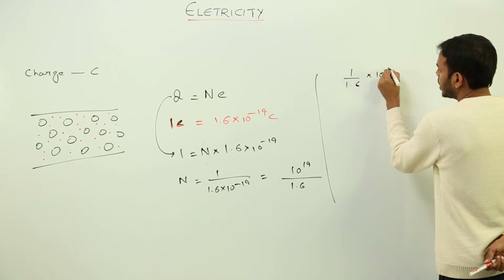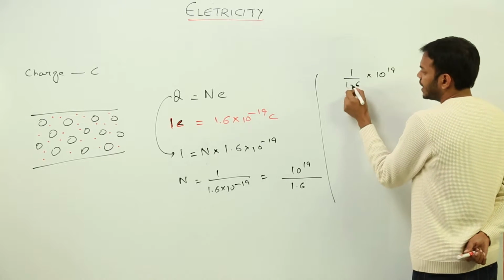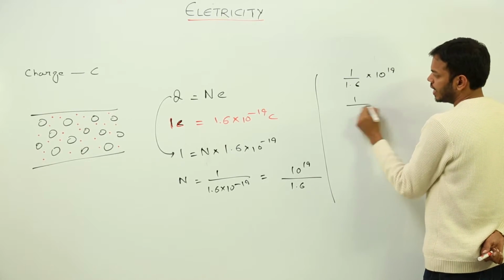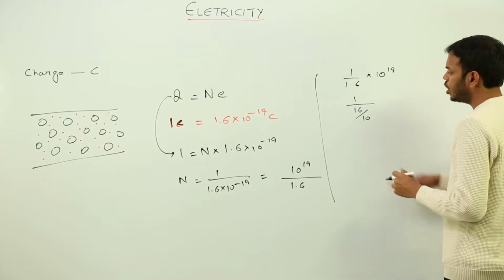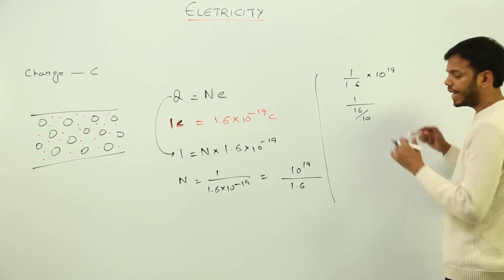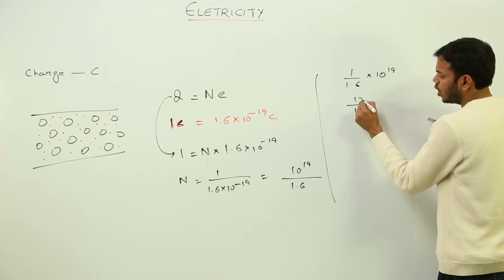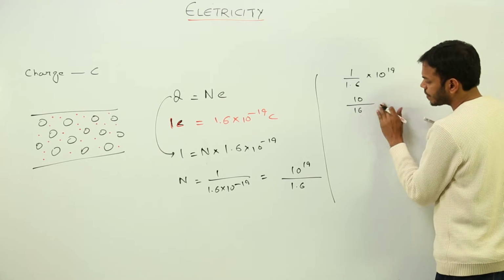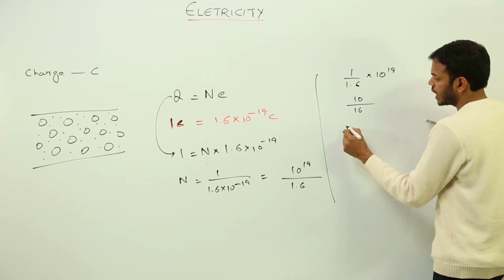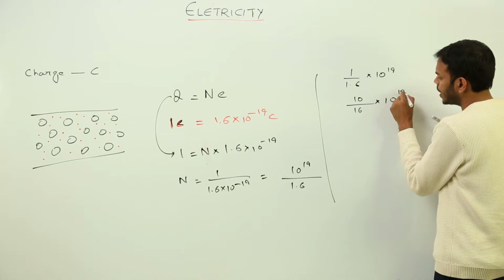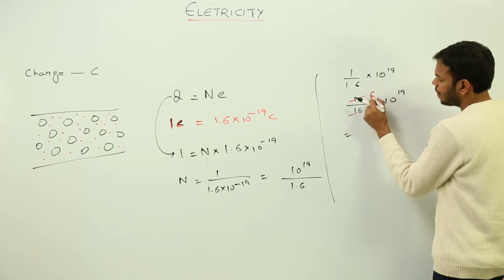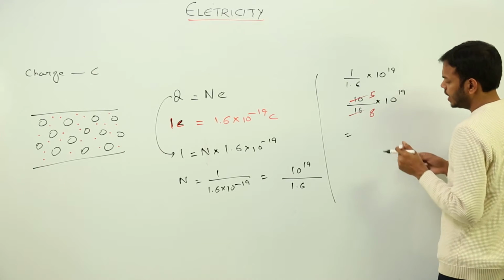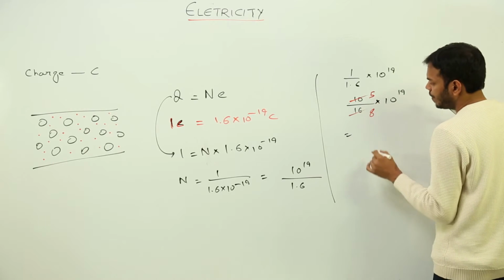The decimal makes this 10 upon 16, so I can write the 10 on the numerator side, times 10 raised to power 19. Cancelling by 2, I get 5 and 8, so I have to divide 5 by 8.